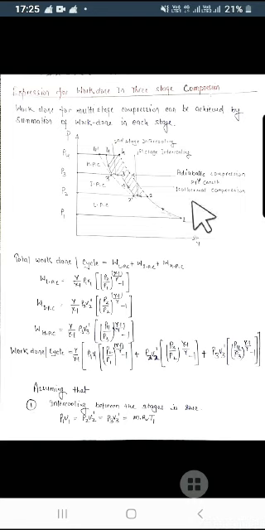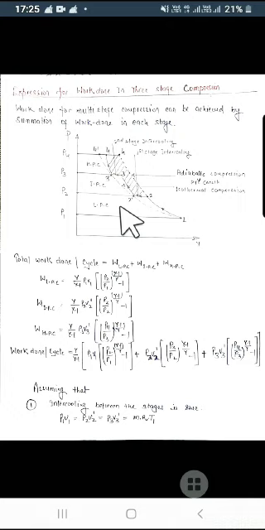So, perfect intercooling means the temperature of air after intercooling must be equal to the inlet temperature of air. This is the condition of perfect intercooling.